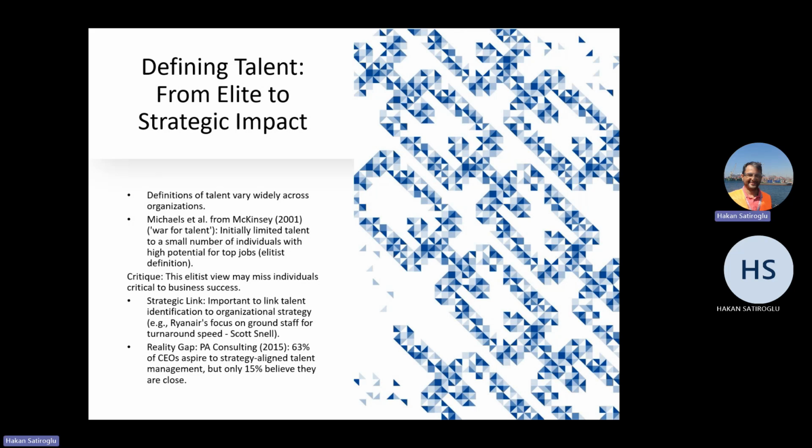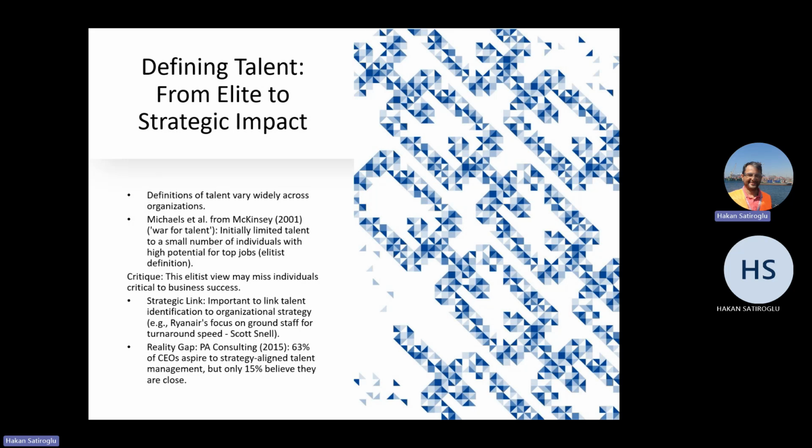And on the reality gap, PA Consulting found that 63% of CEOs aspire to strategy-aligned talent management, but only 15% believe they are close. So they believe they are far from it.